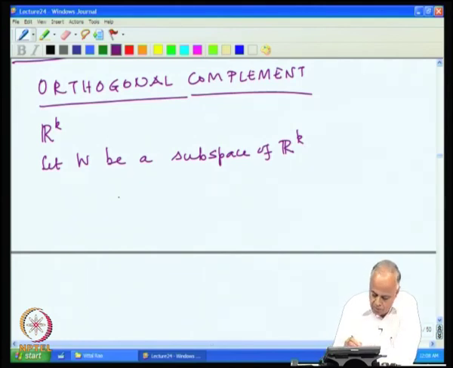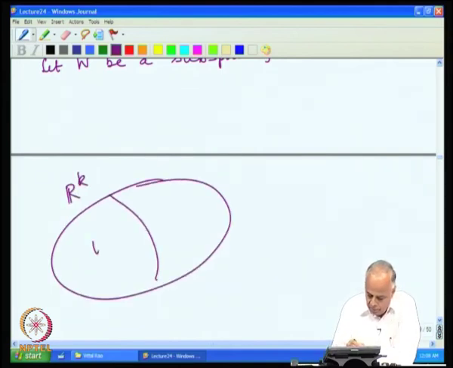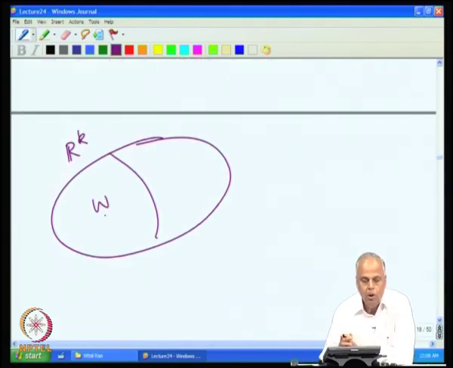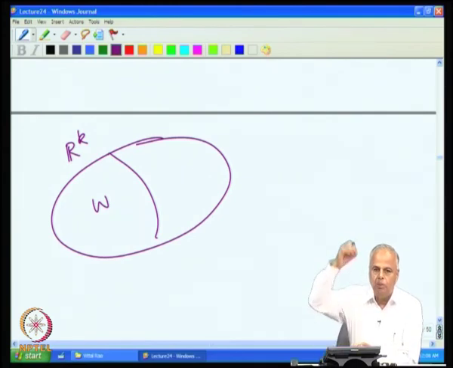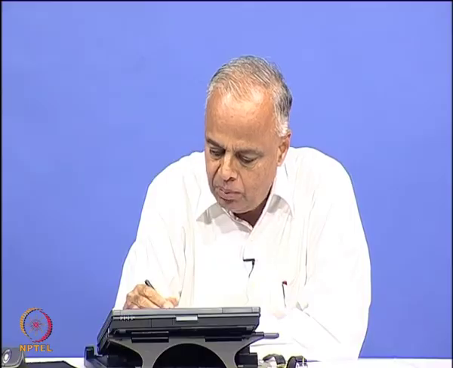So, we have this big space R^k and in that big space we have taken a subspace W. Now, what we do is we look at all those vectors which are perpendicular to W. So, we denote that by W perp.